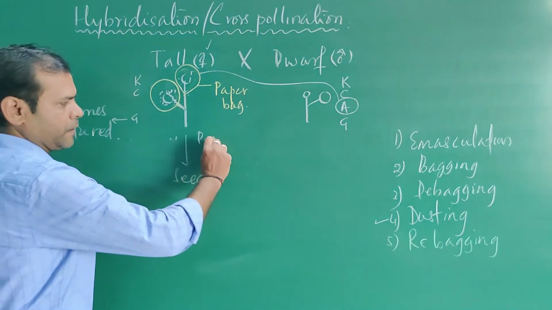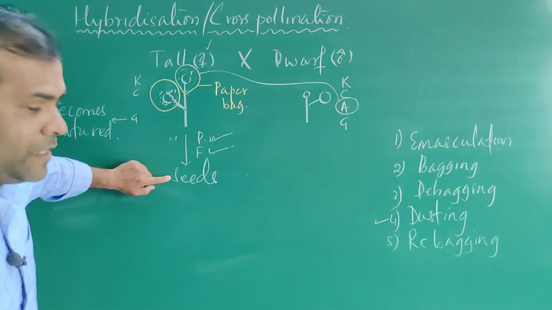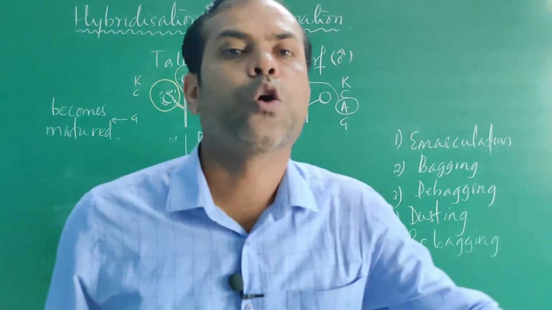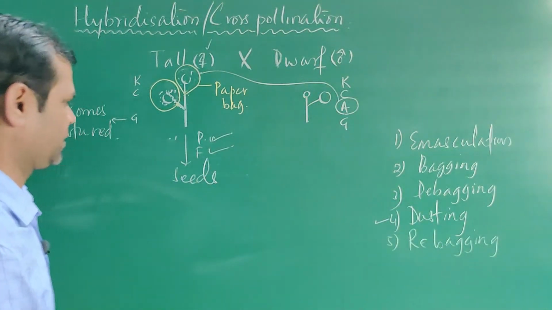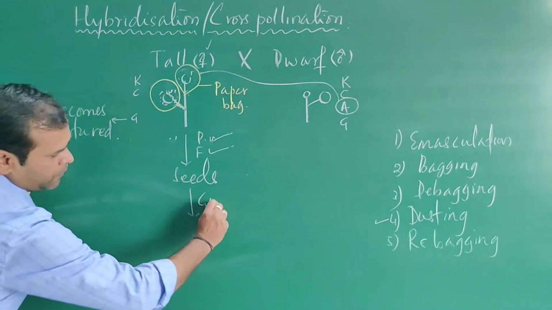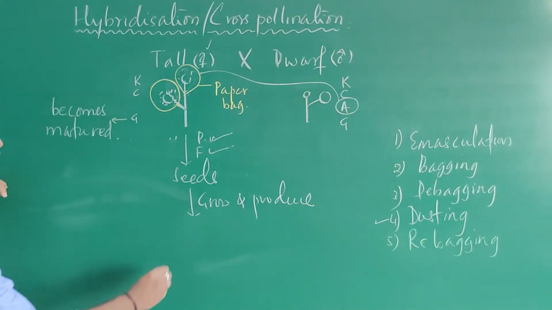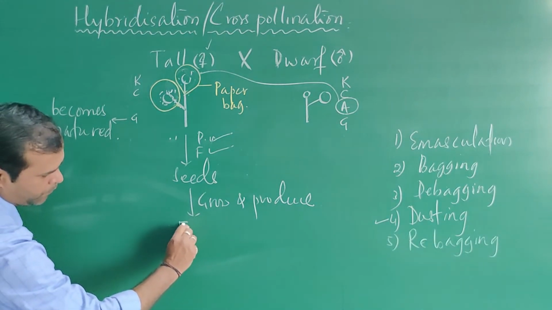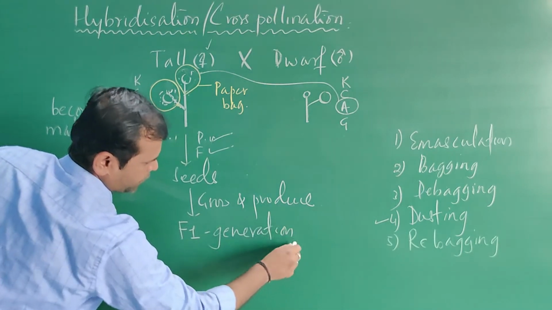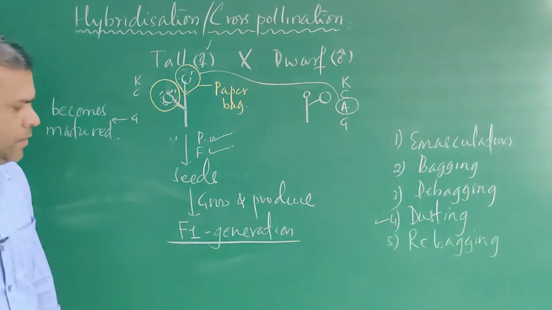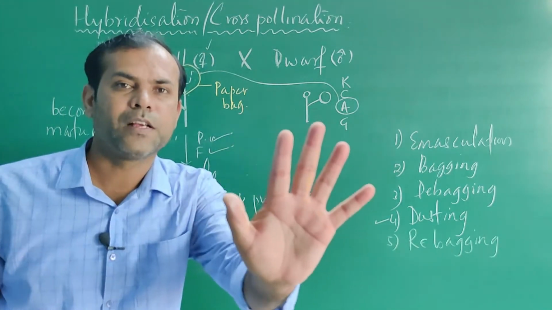Now take these seeds and grow them and produce the F1 generation, that is the first generation of these two plants. Now this is hybridization and its 5 steps.